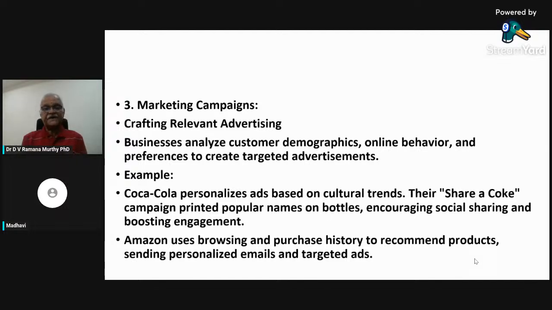Again, you study the consumer preference pattern. That is the need for market research, because that's how you can craft a relevant advertisement to reach the right type of customer at the right place at the right time.